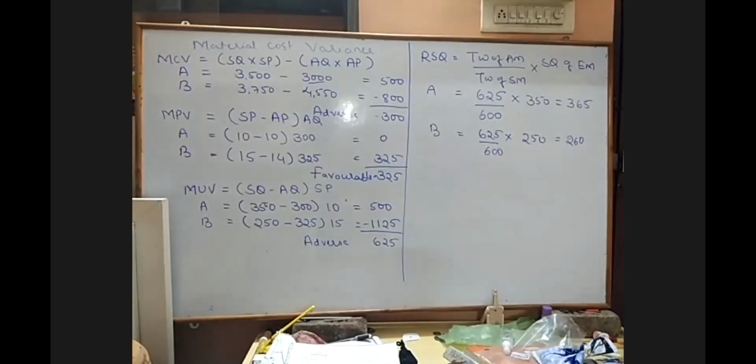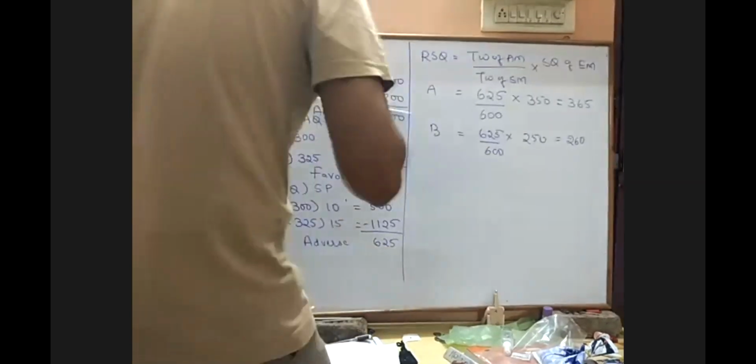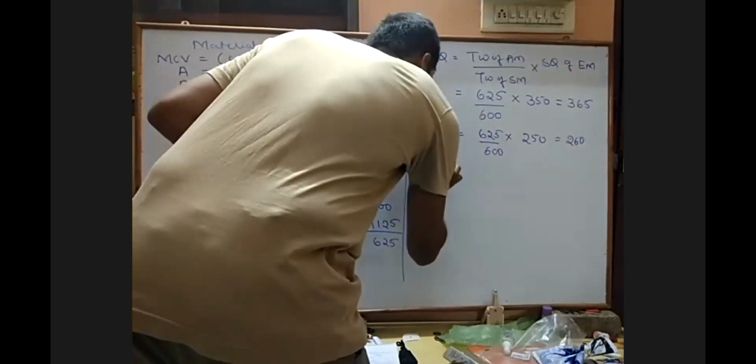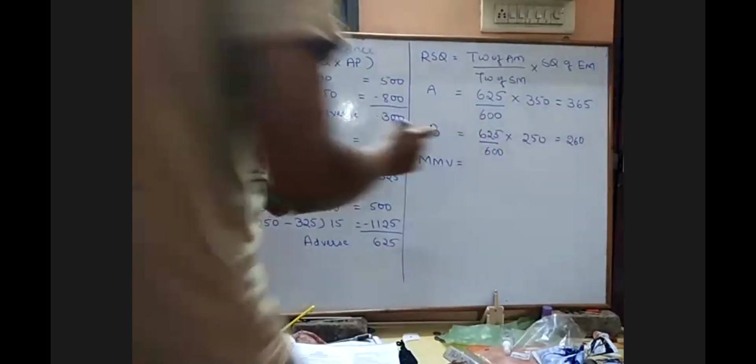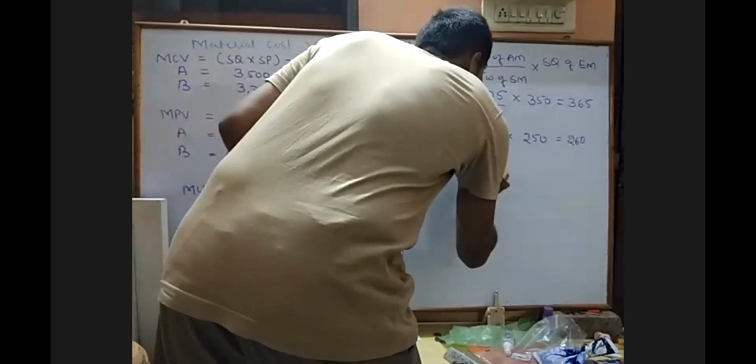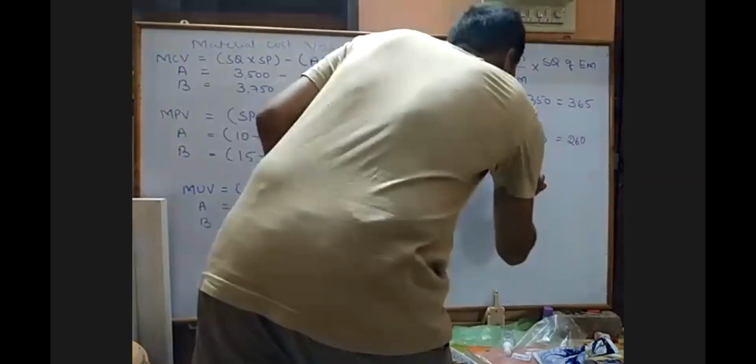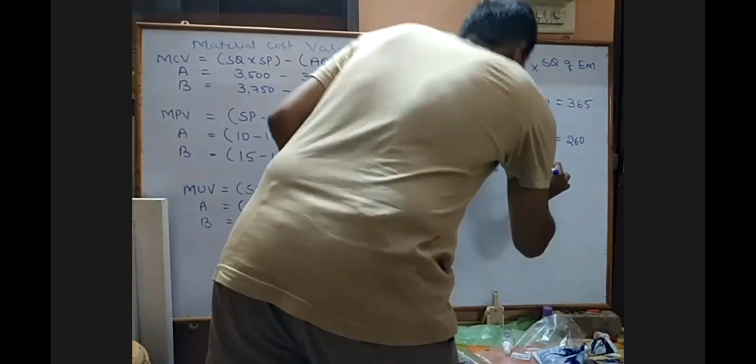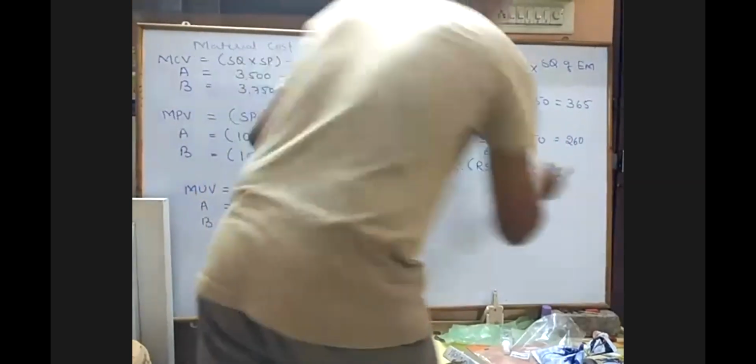Now, next is material mix variance is equal to, that is MMV is equal to revised standard quantity minus actual quantity into standard price.